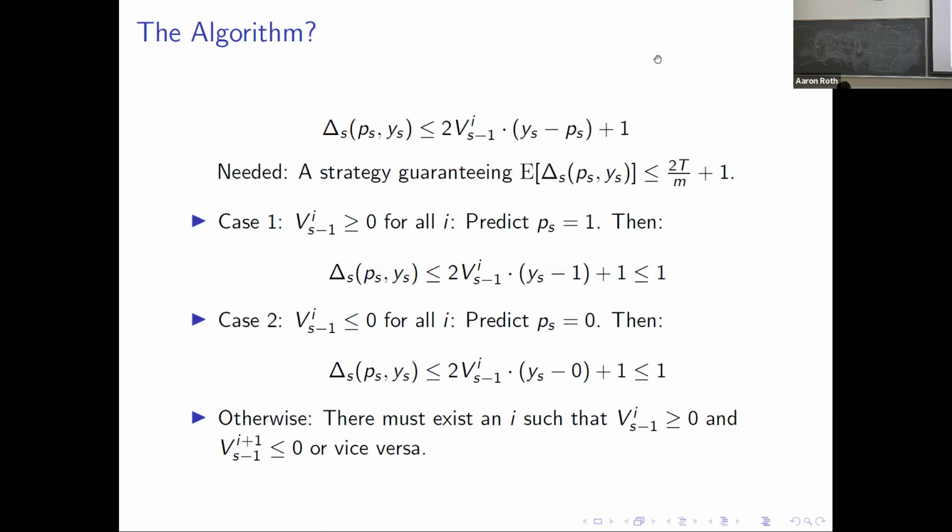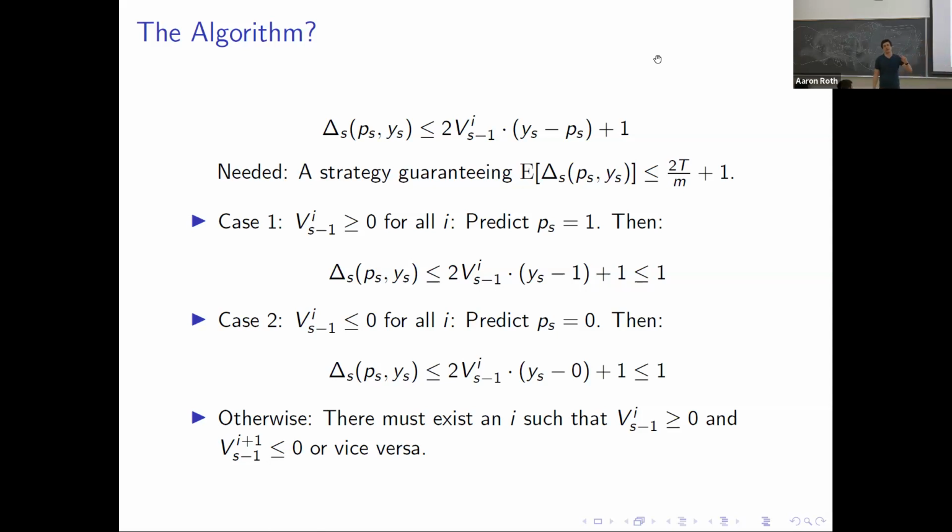But let's think about what that means. Let's start at bucket 0. We've got both feet on bucket 0. Now I'm going to put 1 foot on bucket 1, 1 foot on bucket 0. I'll take another step forward, 1 foot on bucket 2, another foot on bucket 1. I must at some point have 1 foot on a bucket on which I'm biased upwards and another foot on a bucket for which I'm biased downwards, because both of these kinds exist.